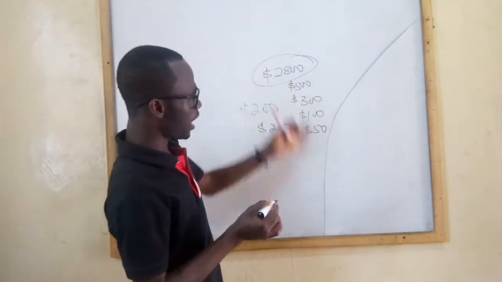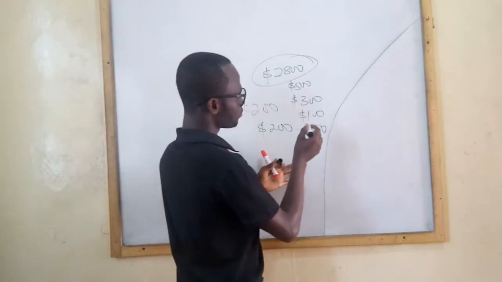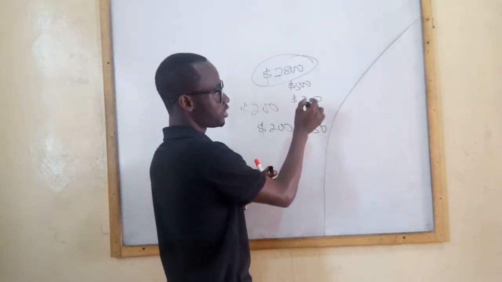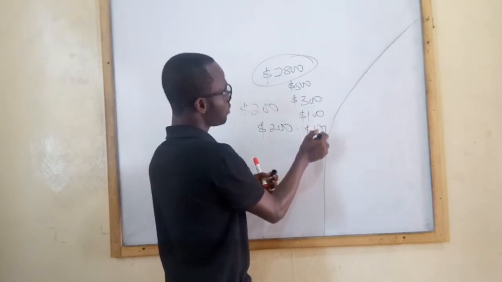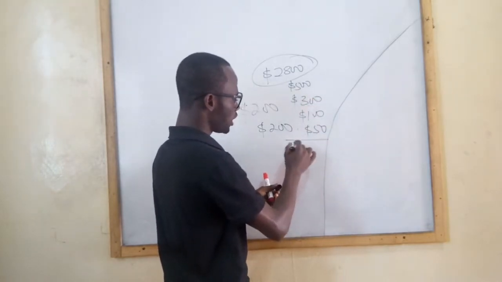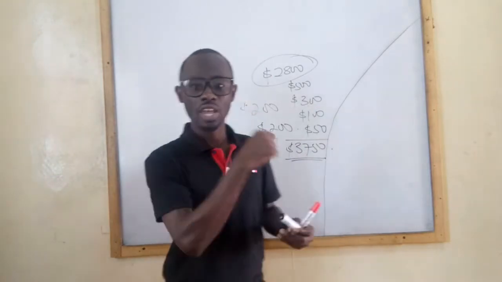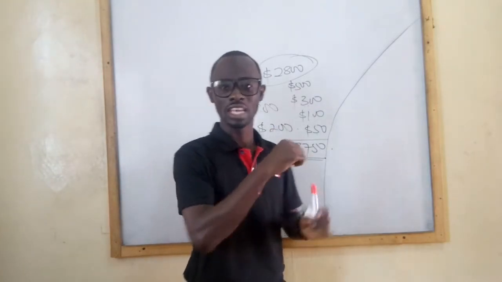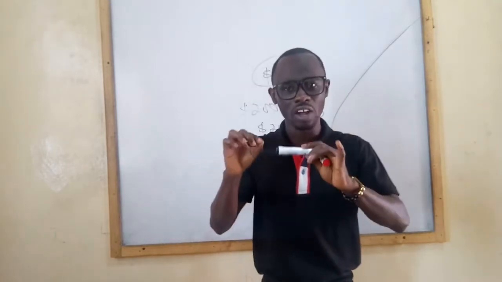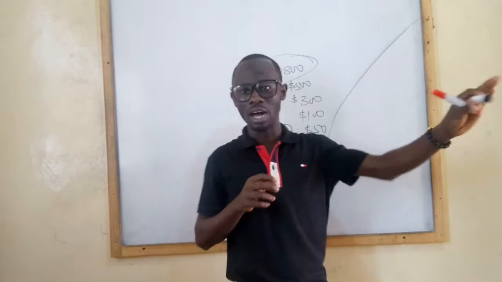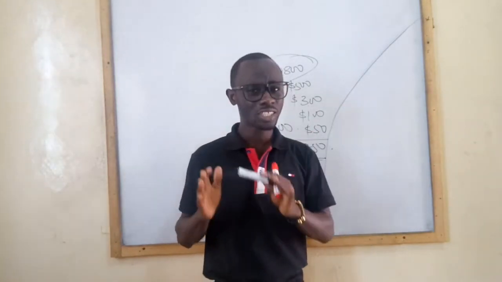So if we add it up, this is going to be $300, $600, $700, $750. So the total is going to be $3,750. So this $3,750 is how much we have to recognize in relation to this particular asset in our balance sheet. That is what you have to understand.